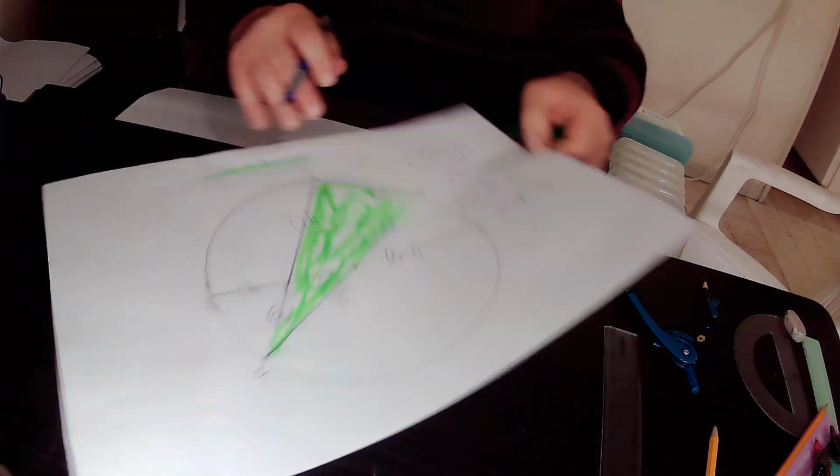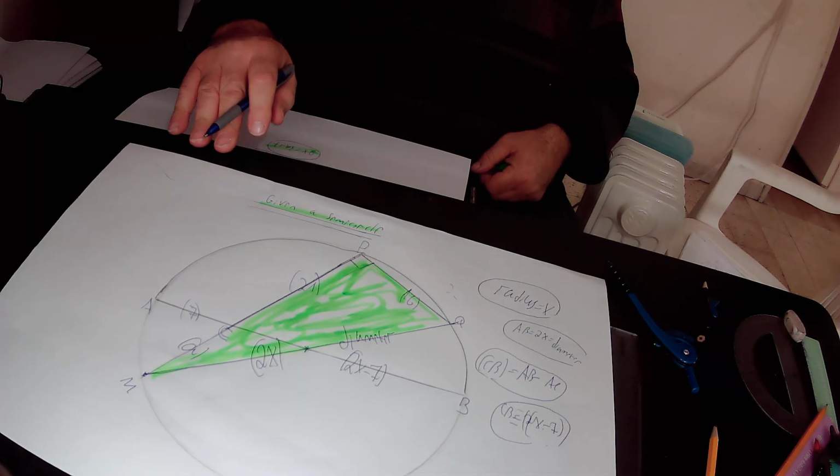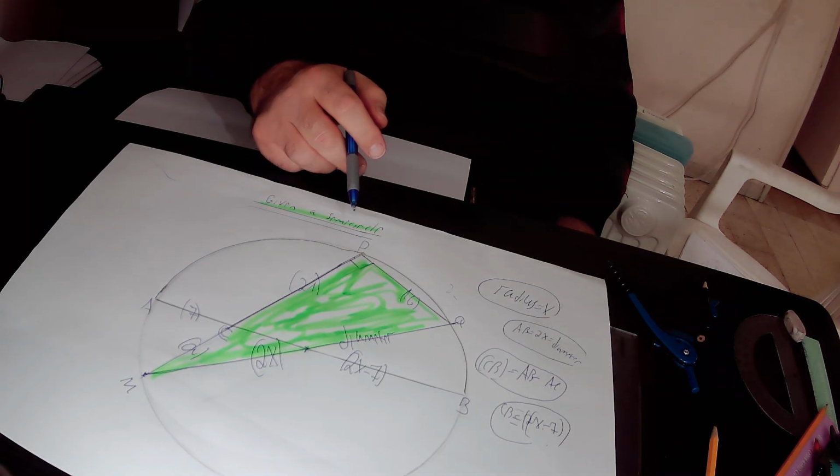In the next step, we will implement the Pythagoras theorem on this right triangle PQM.